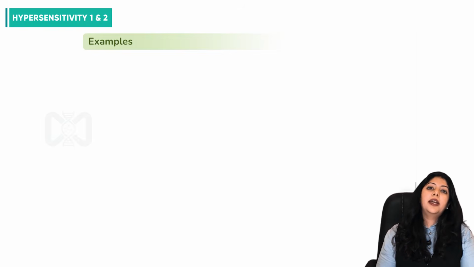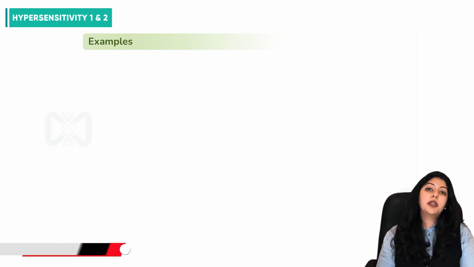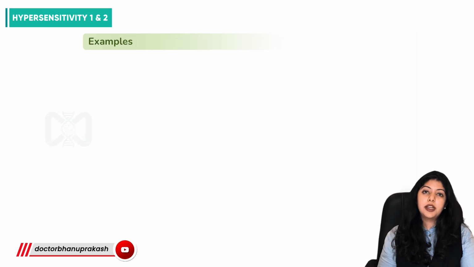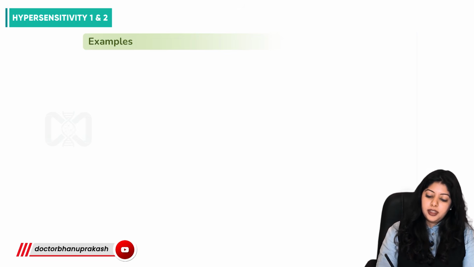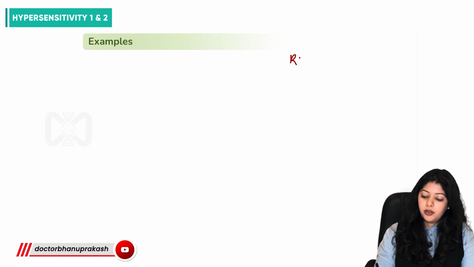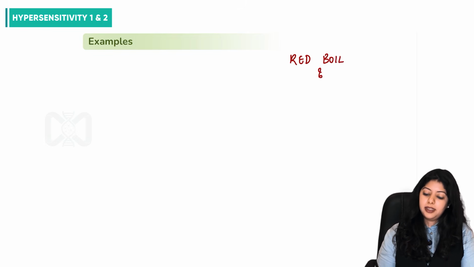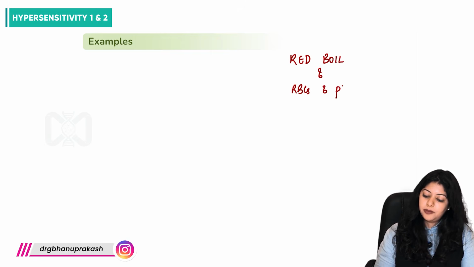Now let us look at the examples of complement mediated type 2 hypersensitivity reactions. For that, we'll again be using the mnemonic RED BOIL, as well as RBCs and platelets.